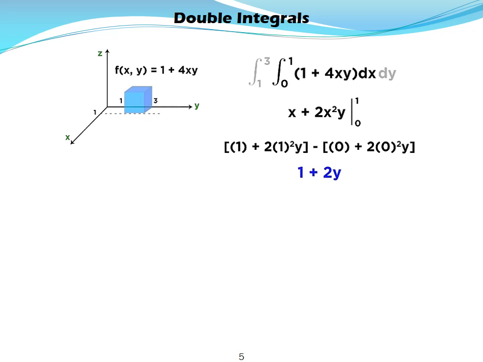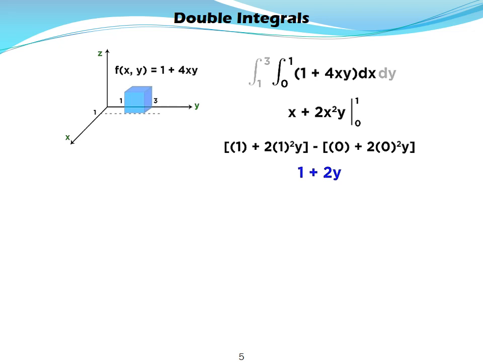We took the first example in double integrals. This is the integration from 1 to 3 and the integration from 0 to 1 of 1 plus 4xy dx dy.